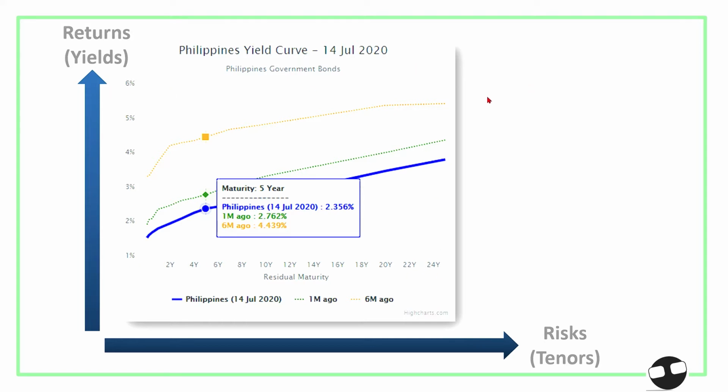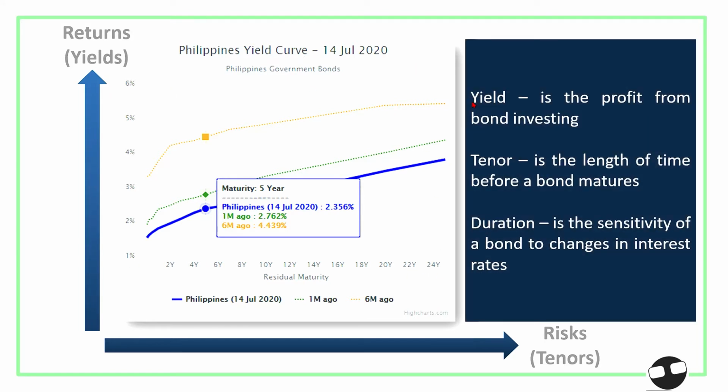Okay, so we have to understand three concepts here. Number one is yield. Yield is the profit from bond investing, the same as interest or return on investment. For example, here you're looking at a 5-year tenor bond.